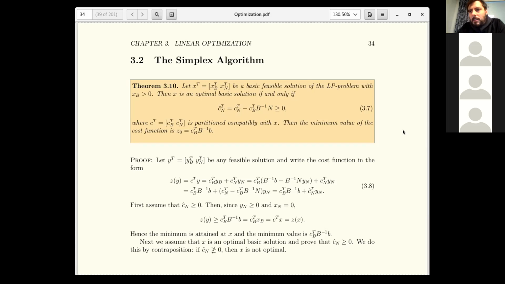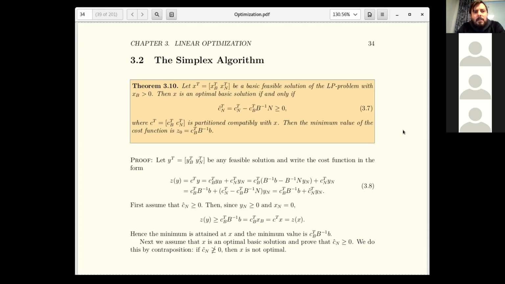This is the last thing we cover today. Let's say that we have a basic feasible solution, meaning that x transpose has the xB part and the xN part, the N part obviously being zeros. And let's say that it's a basic feasible solution and it's non-degenerate. Degeneracy makes a problem here, so we assume that there is no degeneracy.